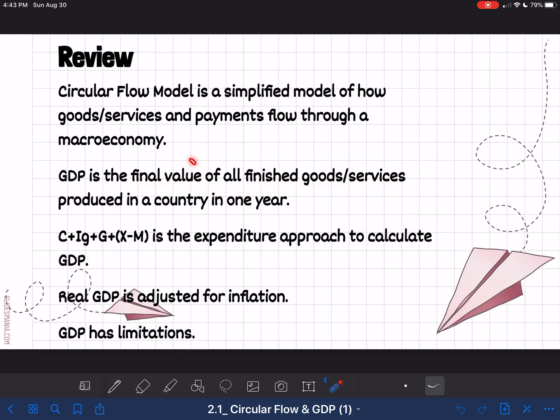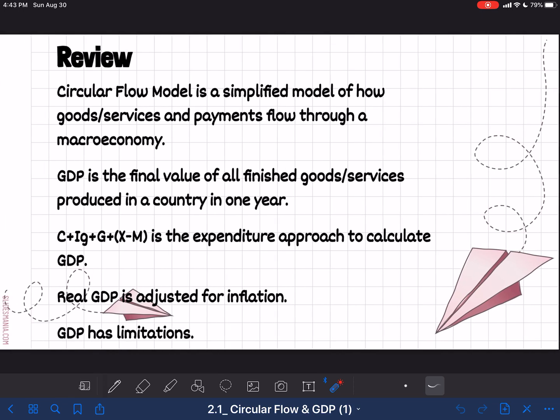So two key words here, final value and finished goods and services. That's what's counted in gross domestic product. The expenditure approach, so SIG-X, is how we're going to focus on calculating gross domestic product. Real GDP is adjusted for inflation, and GDP has limitations.